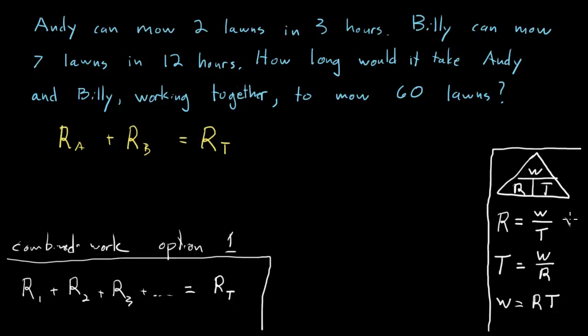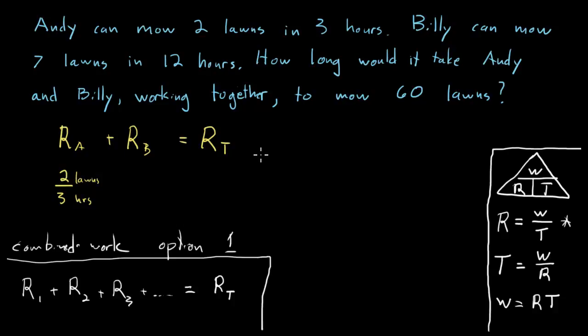Here, though, we care about this one. We're looking for the rates. So, back to Andy and Billy. What is Andy's rate? We're told he mows 2 lawns in 3 hours. So his rate, which is work per time, the 2 lawns is the work, the 3 hours is the time, so Andy's rate is 2 lawns per 3 hours.